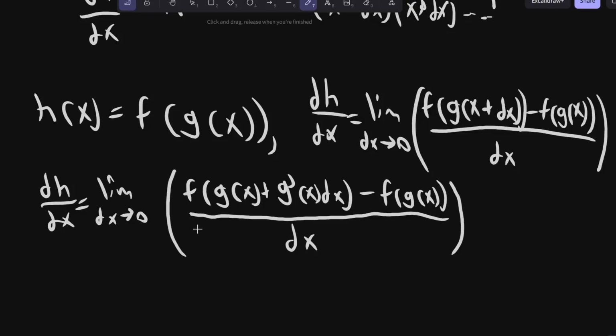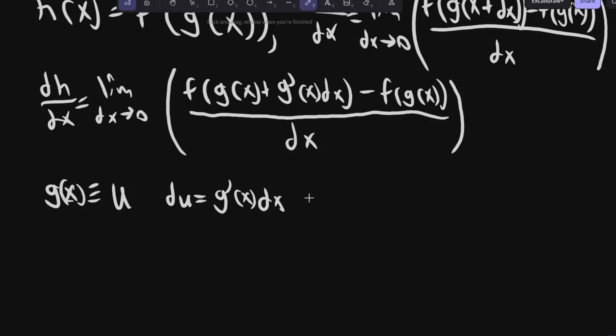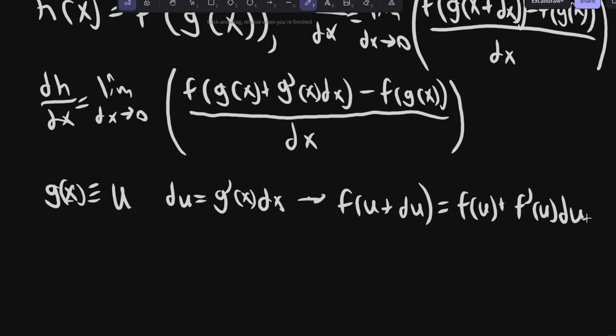If we call g of x equal to u, I use three equal signs because I'm defining this as u, then I can say du equals g prime of x dx. So I can rewrite the f in there as f of u plus du. And then it's clear that this is f of u plus f prime of u du.